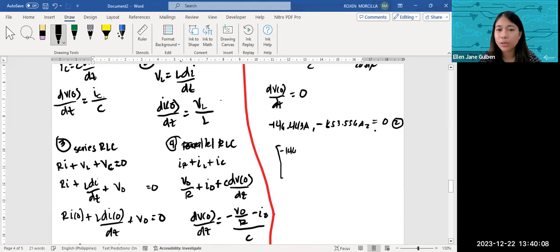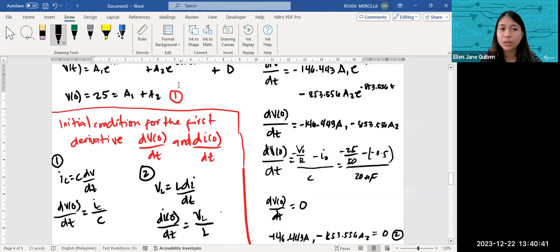Negative 146.443 A1 minus 853.556 A2 is equal to 0.